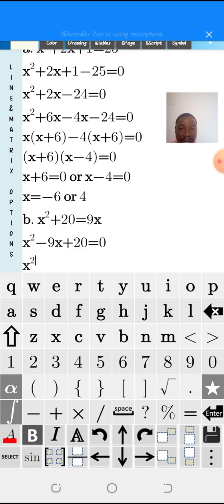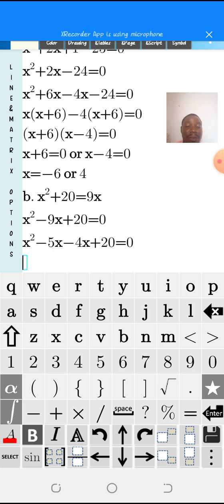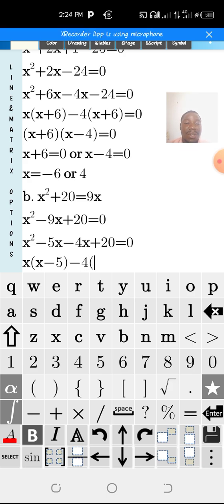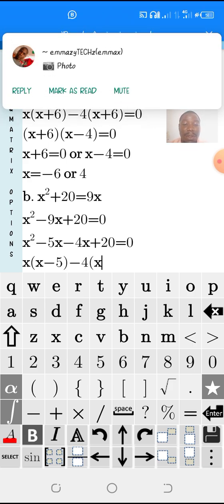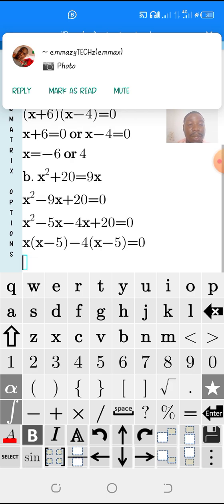So the equation becomes x squared, and instead of minus 9x, you have minus 5x minus 4x, and then plus 20 equals 0. Factorizing the first two terms, you have x open bracket x minus 4, minus 5 will be left, and then minus 4 is common to the last two terms, and then you have x minus 5, equals 0.